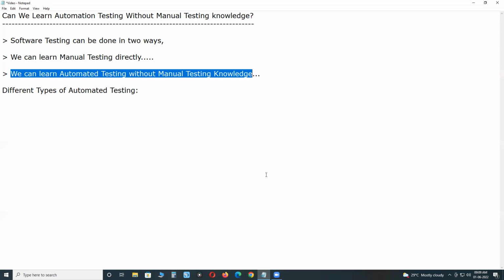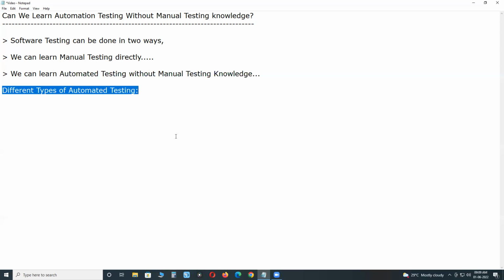So, to learn automated testing, especially automated functional testing, programming knowledge is required. Apart from programming knowledge, if you have manual testing knowledge, it is very easy to learn. Okay, next one more concept.